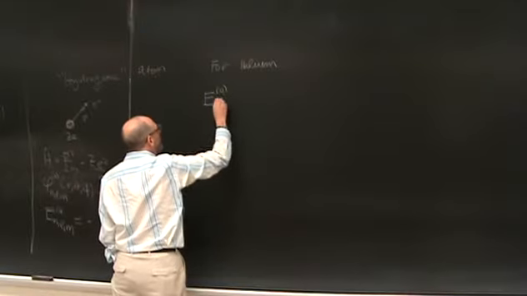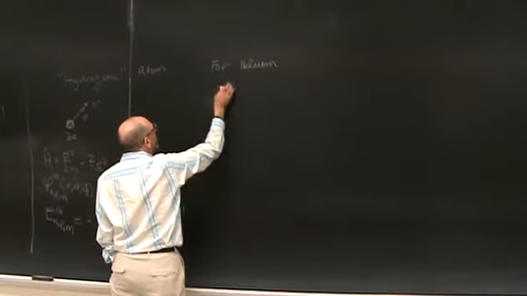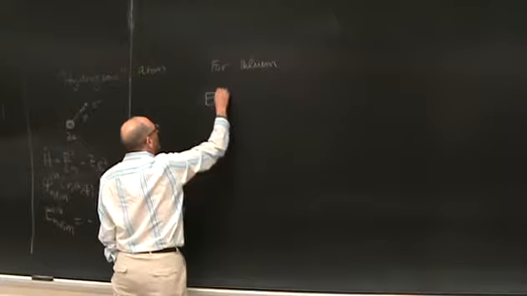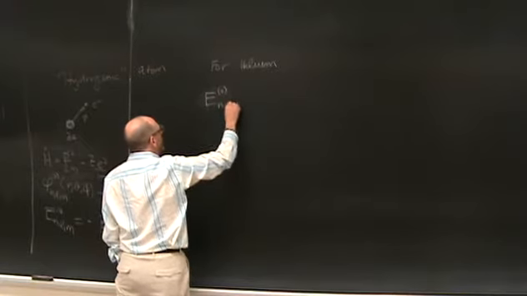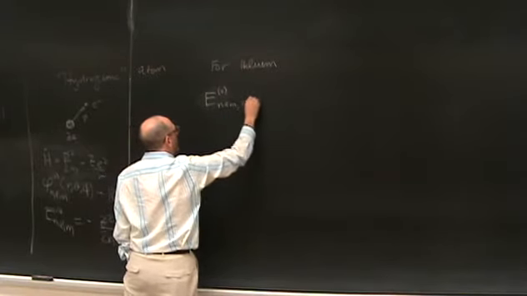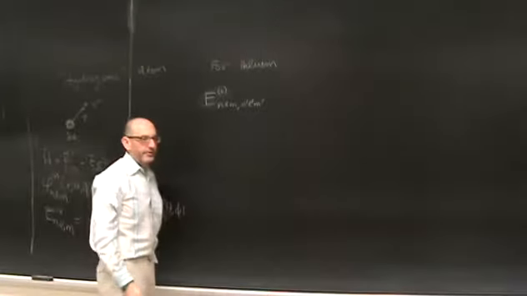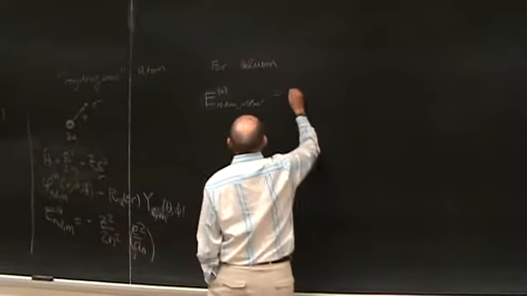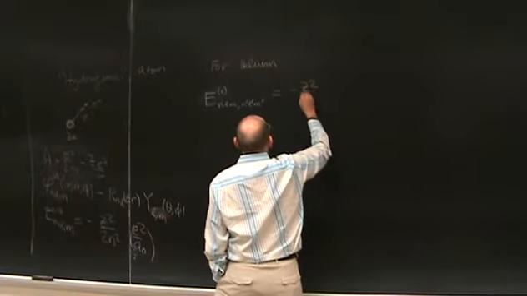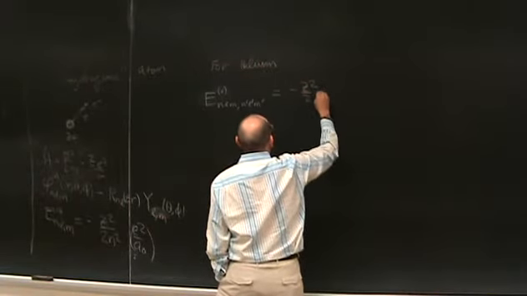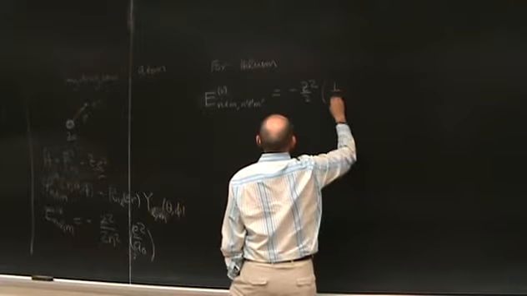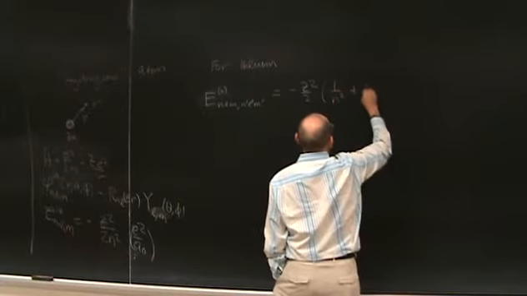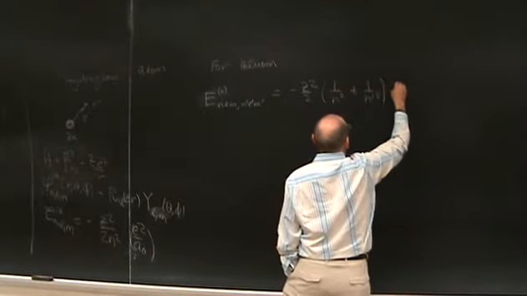I have one wave function associated with one orbital, another wave function associated with another orbital. And the energy would be equal to minus Z squared over 2, times 1 over n squared plus 1 over n prime squared, times the Hartree.